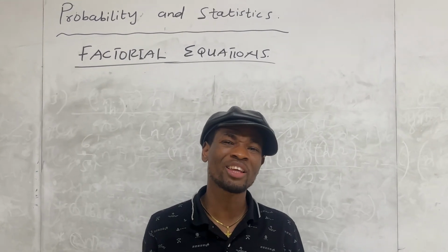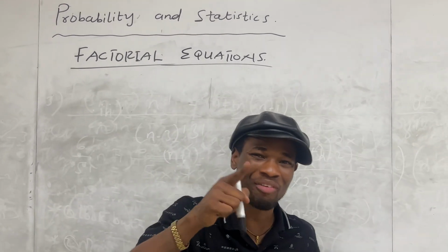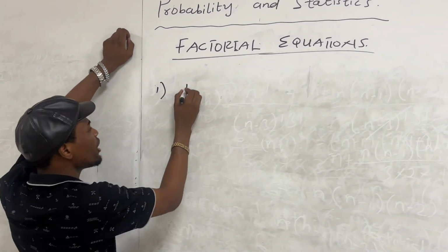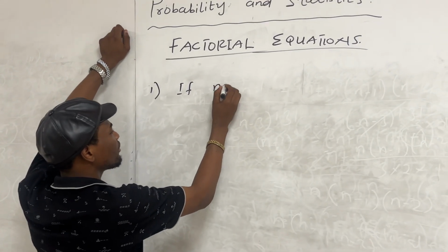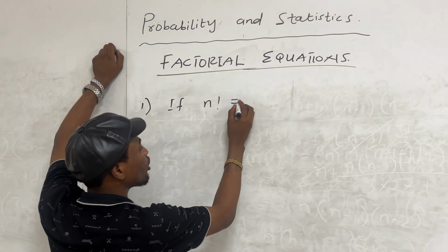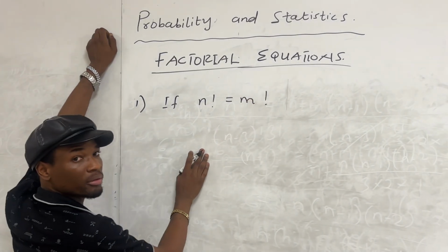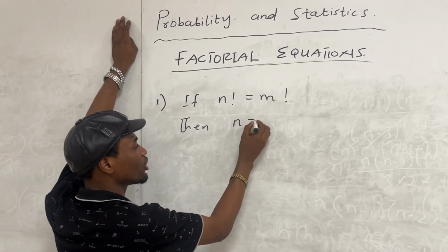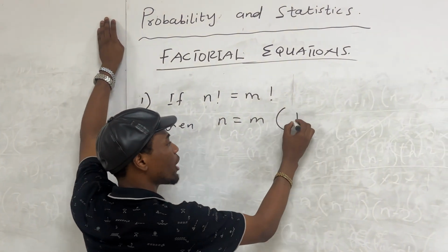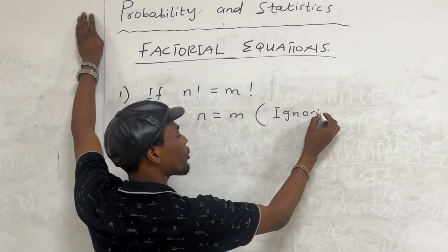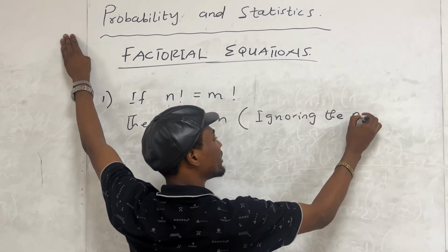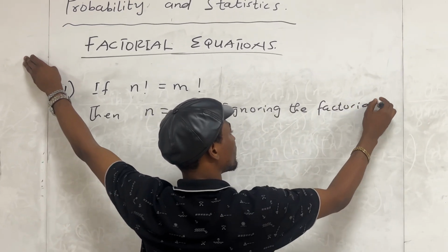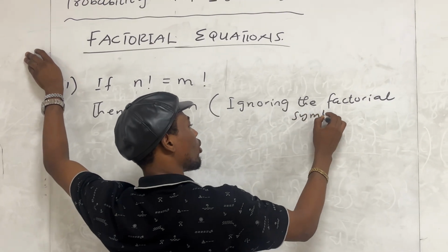Factorial equations are based on the fact that, one, if n factorial is equal to m factorial, then we can say that n is equal to m. Here we are ignoring the factorial symbol or sign.